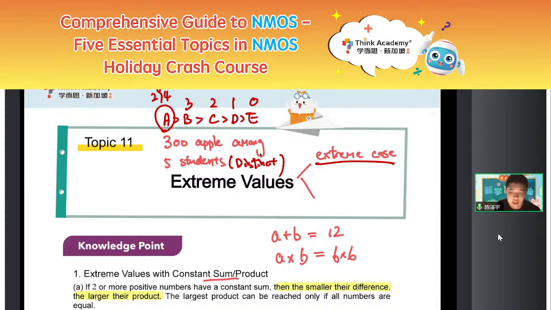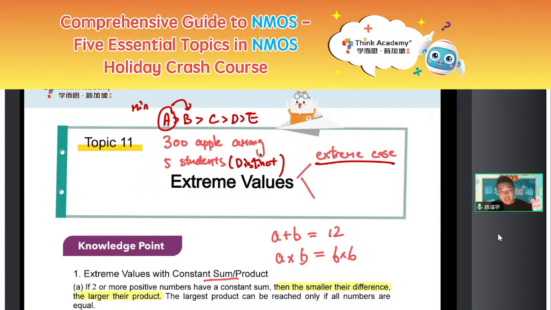Now what if A says, "Teacher, I don't need too many apples"? How can I minimize the number of apples that A gets? What I want is for the number of apples A gets to be closer to the number that other people get.